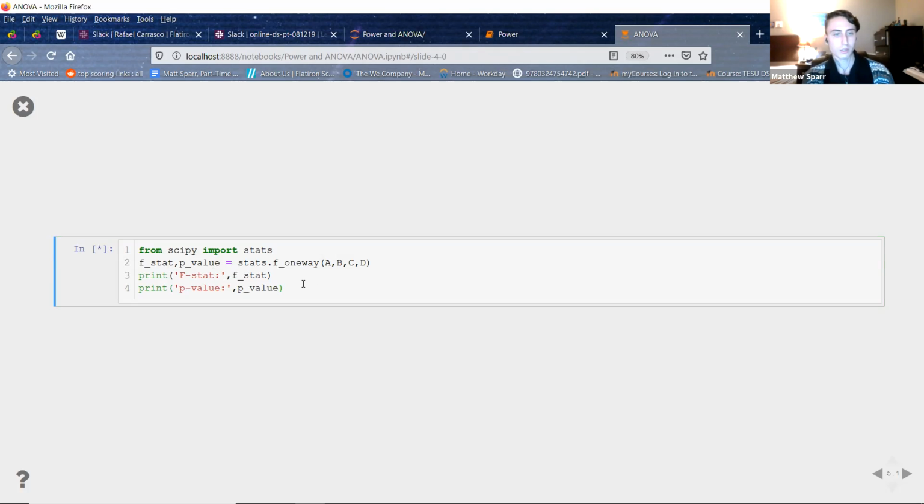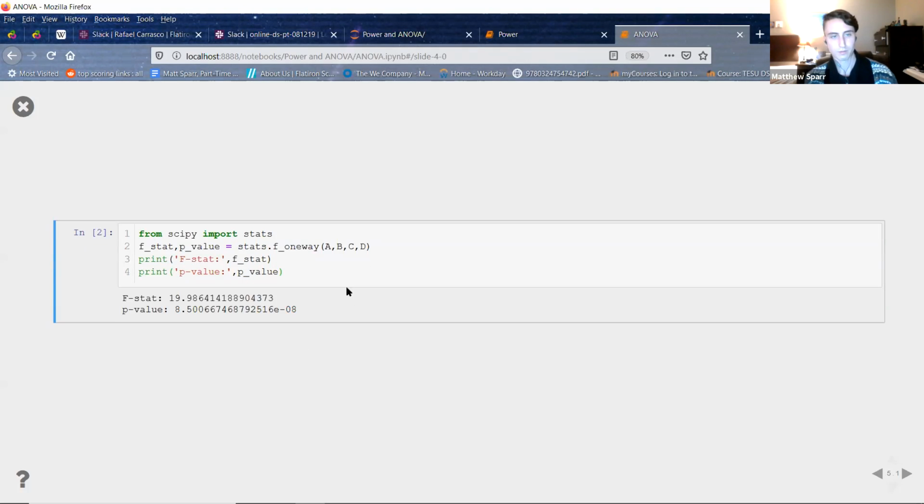So if we go ahead and run this and print this out, all right, so we have our F statistic here. It doesn't really mean anything to us yet, but then we can see our p-value is very small. It would be less than the 0.05 for our alpha. So we could, in this case, reject the null hypothesis and say that there is a difference in the groups.